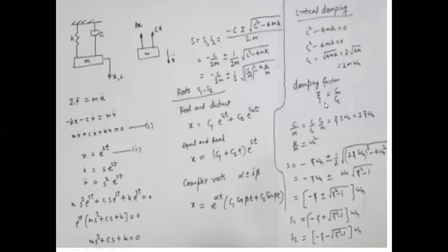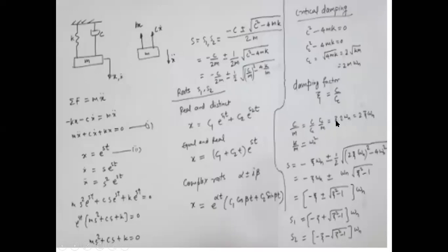But we know that zeta is equal to C by Cc. So let us rearrange. C by m is just written as C by Cc into Cc by m, multiplied and divided by Cc. This is just a kind of rearrangement. Here also rearrangement is done. It is C by m only, but multiplied and divided by Cc, so as to get a different correlation.